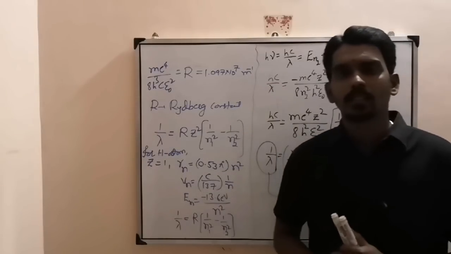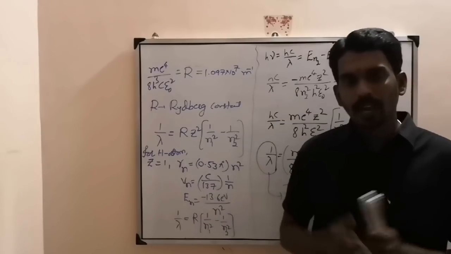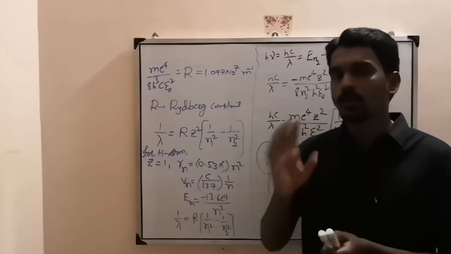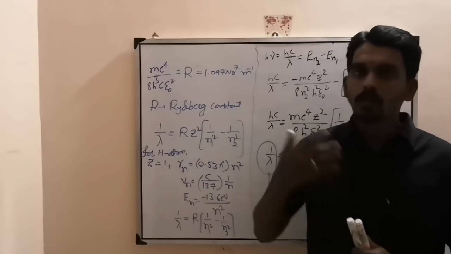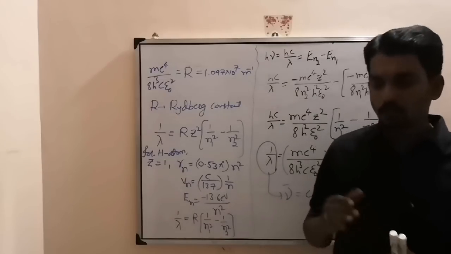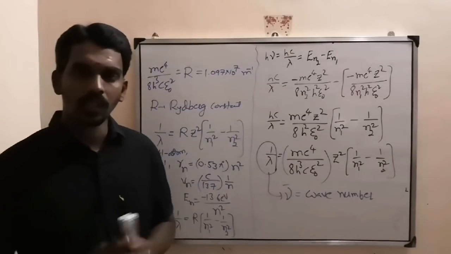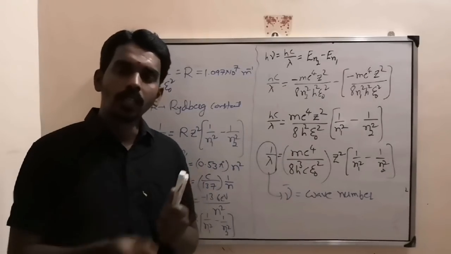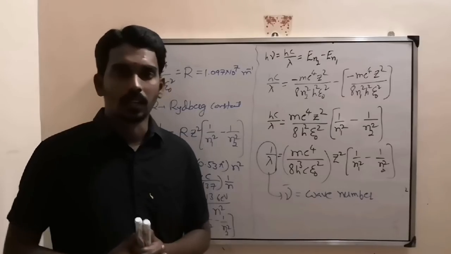For different transitions we get different types of radiation, and we have categorized them into 5 different series, which we call hydrogen spectra. What those lines are, what the wavelengths are, how to calculate them, and what kind of questions will come, we will discuss in the coming class.